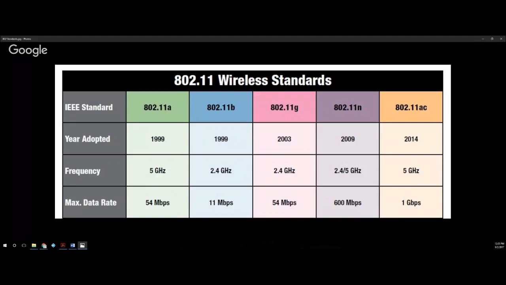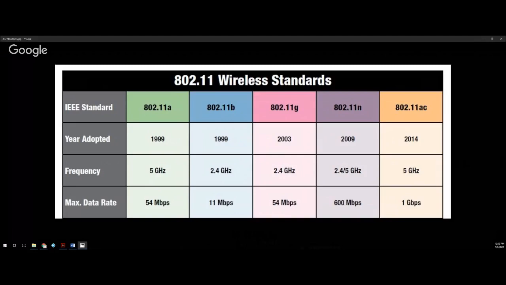So let's look at the frequency and maximum throughput. 802.11a, N, and AC all can operate at 5 gigahertz. That's the frequency that they operate at. Now notice that 802.11n actually operates at both 2.4 and 5 gigahertz.